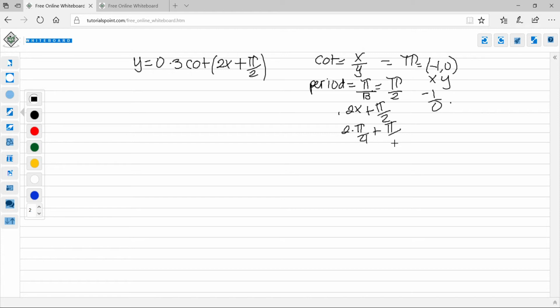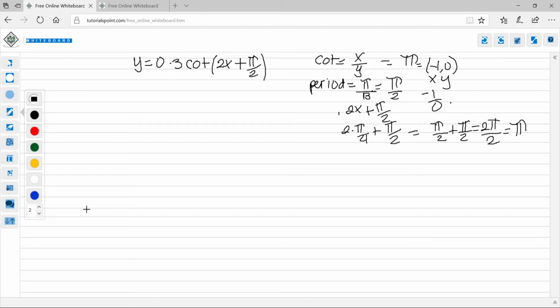Because when you do this, 2 times pi fourth is pi halves, plus pi halves, 1 plus 1 is 2, so that's 2 pi over 2. So that's pi, and that's what we want. So our vertical asymptote is pi fourths. Wherever there's a pi fourths, you draw your vertical asymptote.